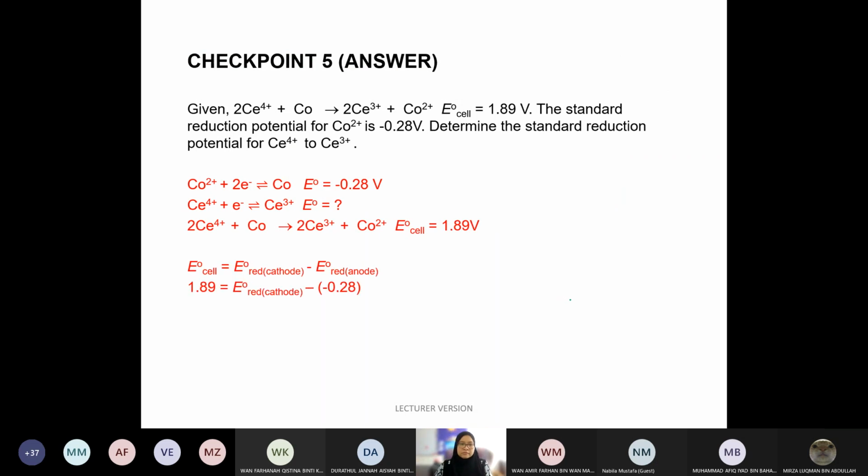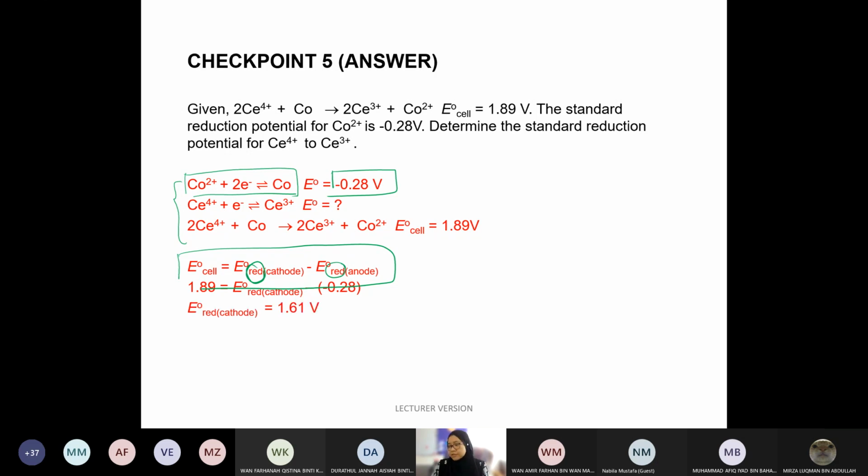Okay, ini kalau reduction potential kita rupa dia macam ni. But what we need is the value, kita nak this value to be inserted into the formula. Formula ni kena pakai reduction form, that's why dia tulis red.